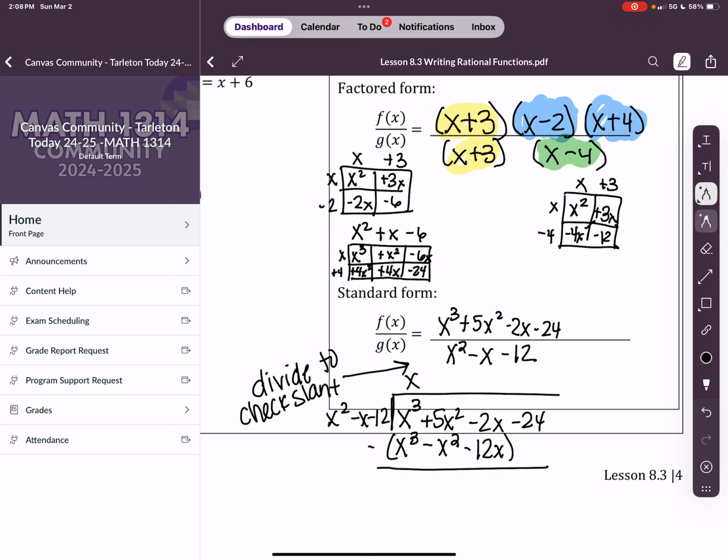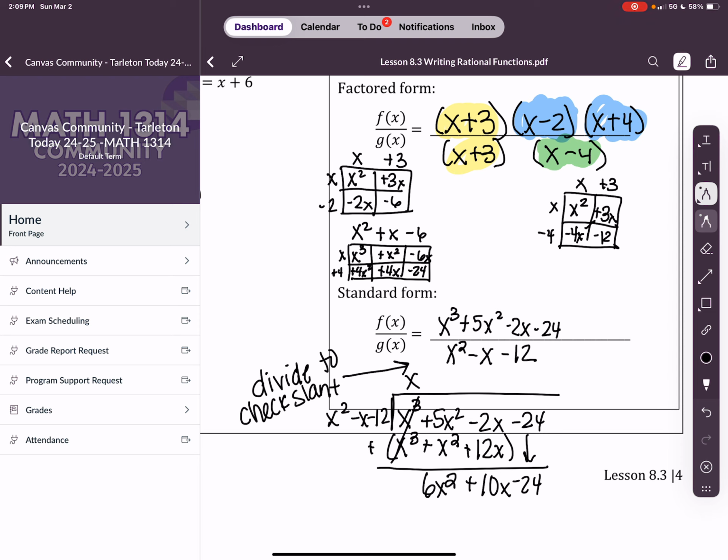All right, so my x cubes will cancel. 5x squared minus negative x squared, I'm going to change that, and I'm going to make that 6x squared. Negative 2x minus negative 12x changes to plus, so negative 2x plus 12x gives me plus 10x. And I'm going to bring down my negative 24.